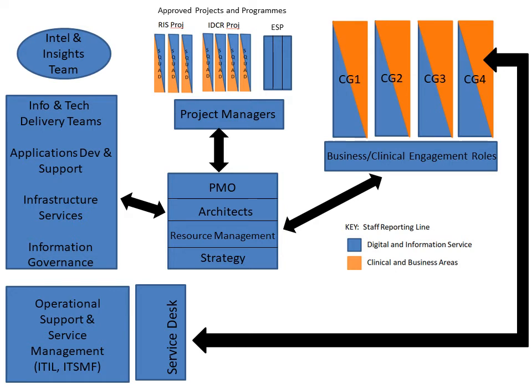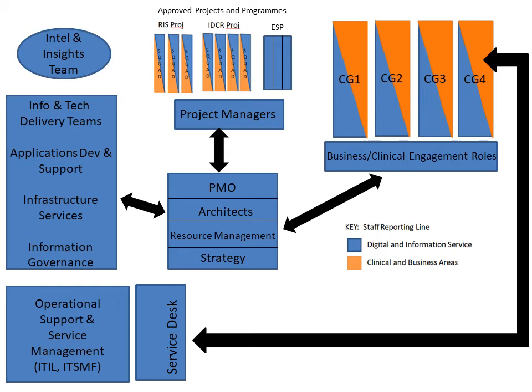Are we aligned to the strategy and direction of the trust? Are we simplifying and standardizing capabilities? Are we reusing capabilities for best value across the trust? And where does this fit in with all the other projects, the portfolio of projects that we've got across the area?